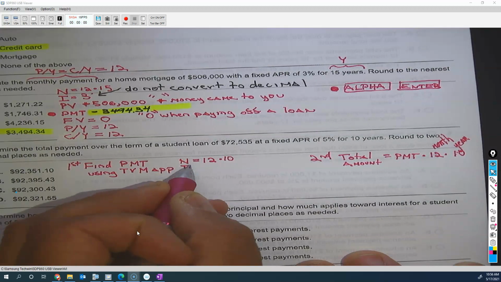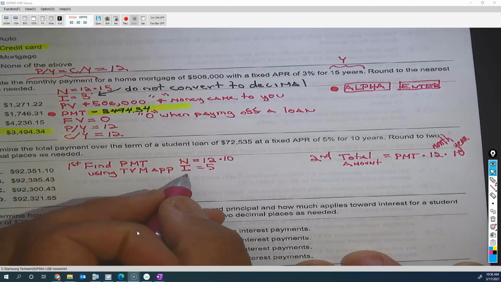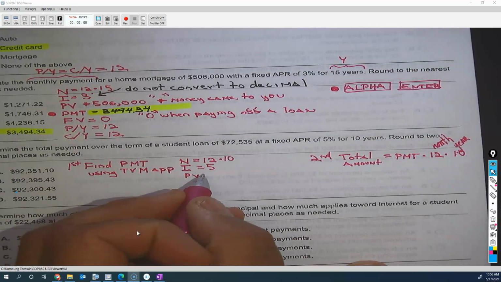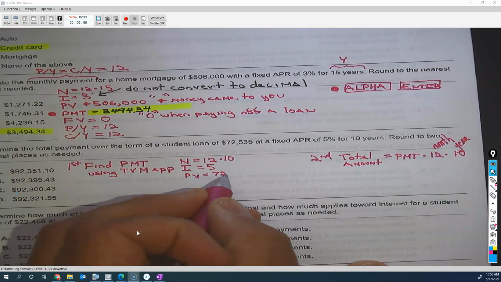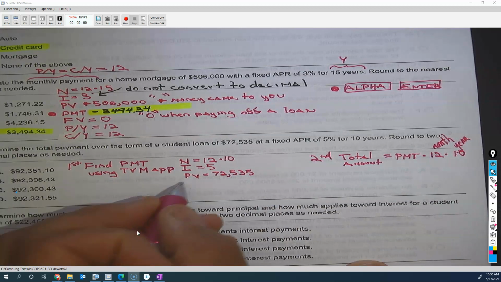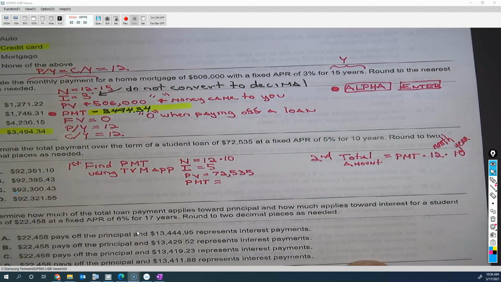Okay. All right, so our N is going to be 12 times 10. I, 5. Okay, present value, 72,535. Okay, payment, that's what we want to figure out.